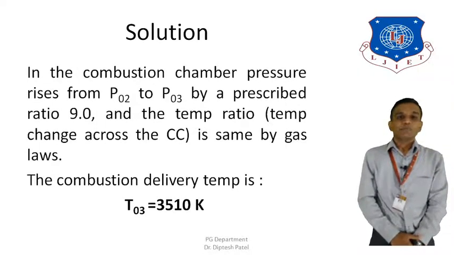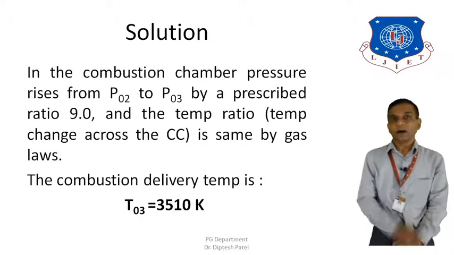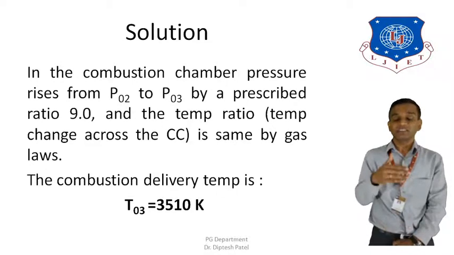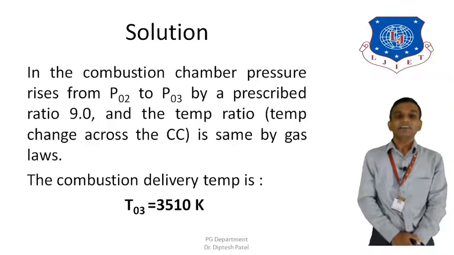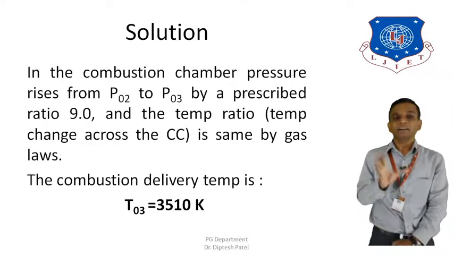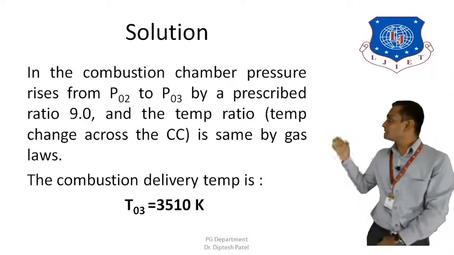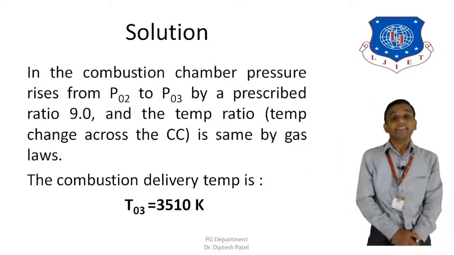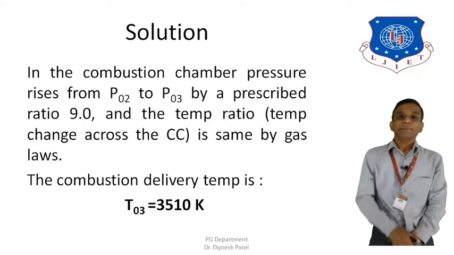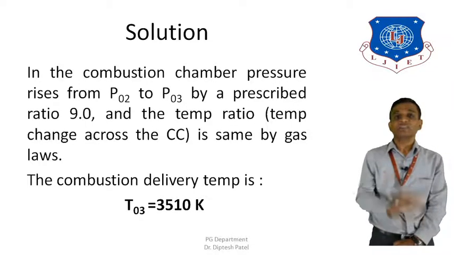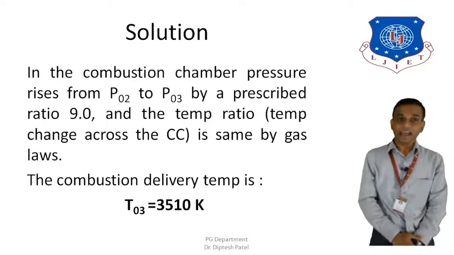Then move forward to the combustion delivery temperature. So after combustion, what would be the temperature of the whole cycle? And we know that that is the highest temperature that can be achieved. Here in the combustion chamber, the pressure is rising from P02 to P03, and that is described by the pressure ratio, and that is given as 9, right?